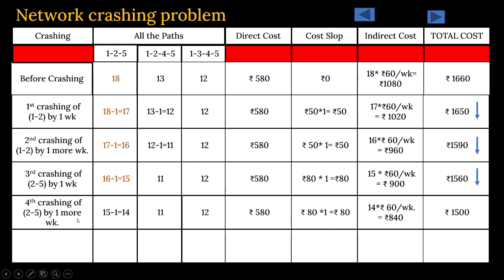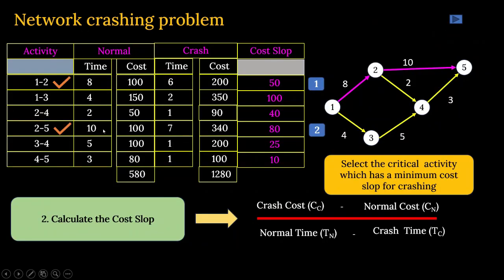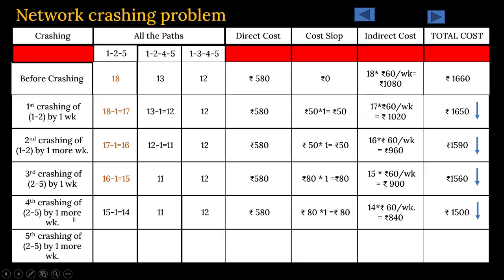Now last crashing, 1 day crashing is available that we can do. The final crashing, fifth crashing, 2 to 5, because if you remember, it was mentioned that 10 days normal time, 7 days crash time. That means you had only the option of 3 days to crash the activity, right? So already you have crashed it by 1 week and 1 week more. Now this is the final crashing, and here project duration 14 minus 1, 13.